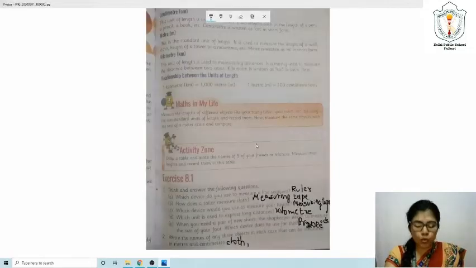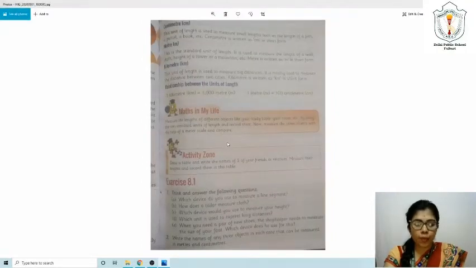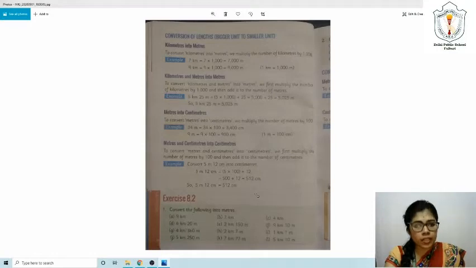Now let us move to the next exercise, 8.2. Convert the following into meters. Before I move on with this exercise, you need to understand conversion. From kilometers to meters, we are going from a higher unit of measurement to a lower unit.